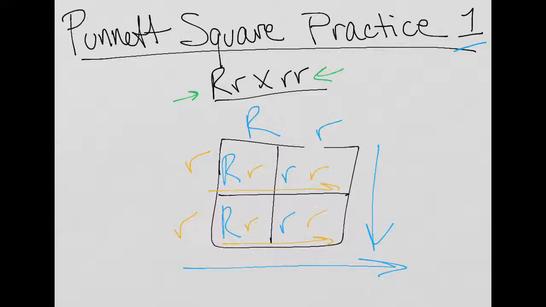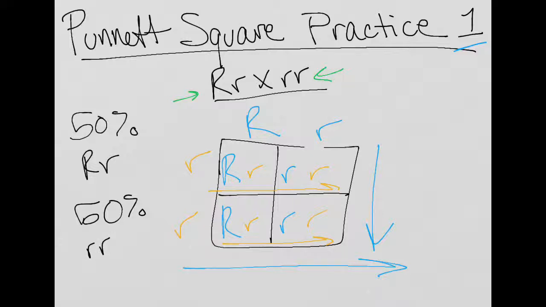I could say 50% of my offspring will be heterozygous for this gene, and 50% of my offspring will be homozygous recessive for this gene, or 1 out of 2 for each of those. If I was talking phenotypes, I would also say 50% of my offspring have the dominant trait, whatever that is.